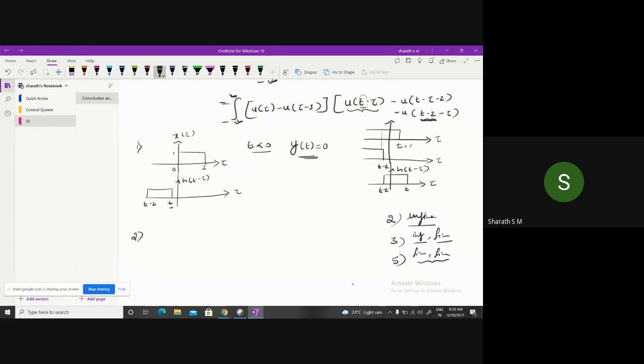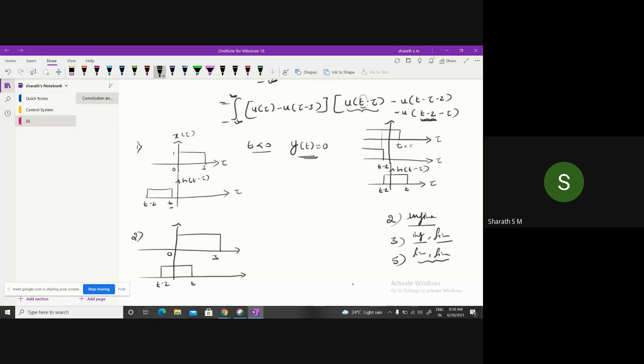So here both are finite values. We have to go through the 5 cases. Now this t we need to overlap to the first half part of the x of tau, which is from 0 to 3. Now we need to make some part of overlap between these two signals.